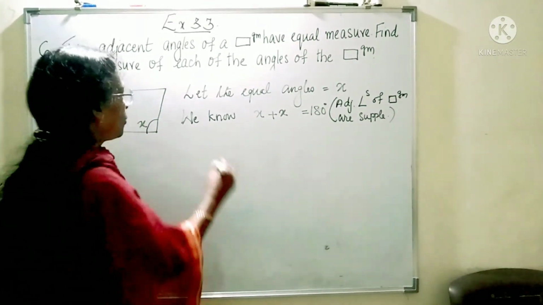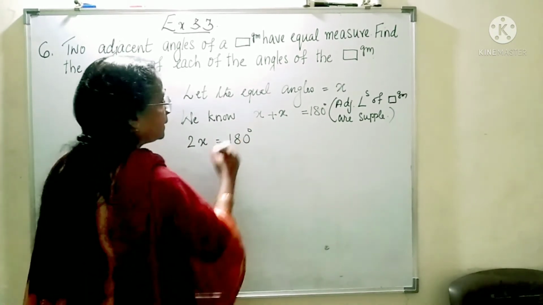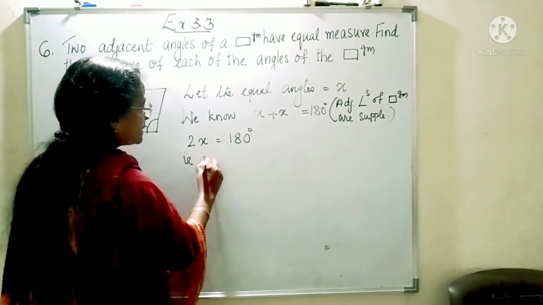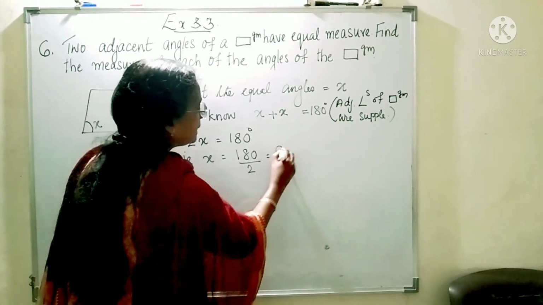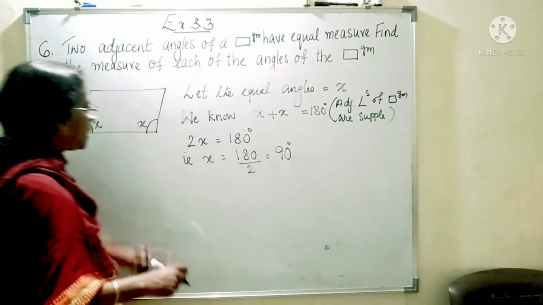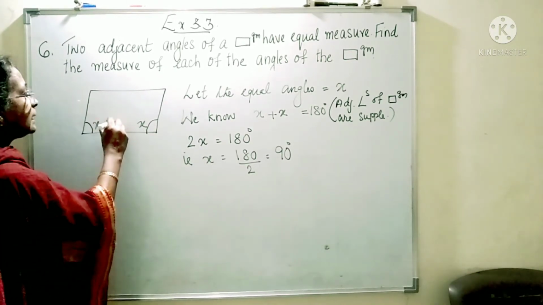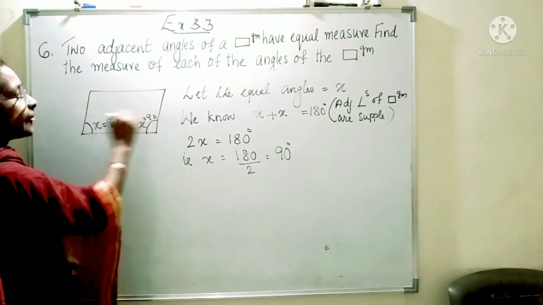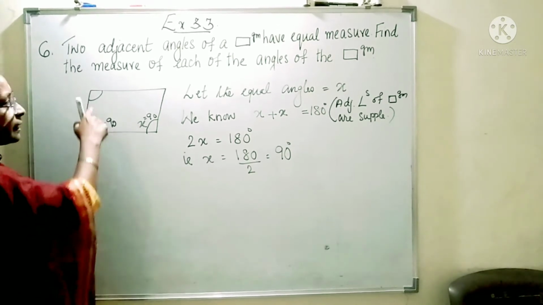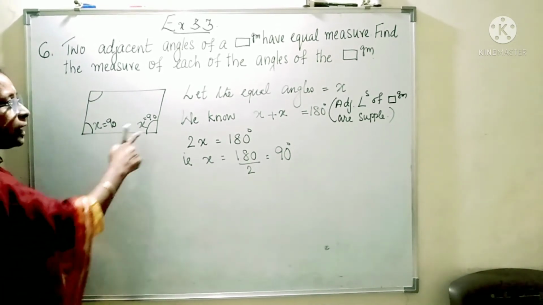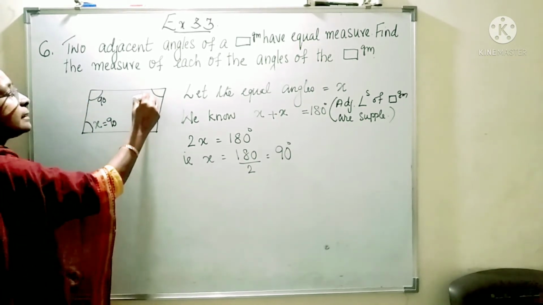So x plus x is equal to 2x is equal to 180 degree. That is, x is equal to 180 degree upon 2. That is 90 degree. So if x is 90 degree, these two angles will be 90 degree. Now, if this is 90, what will be this measure? 90 plus 90, 180, or opposite angles if you take, this will be 90 and this also will be 90.